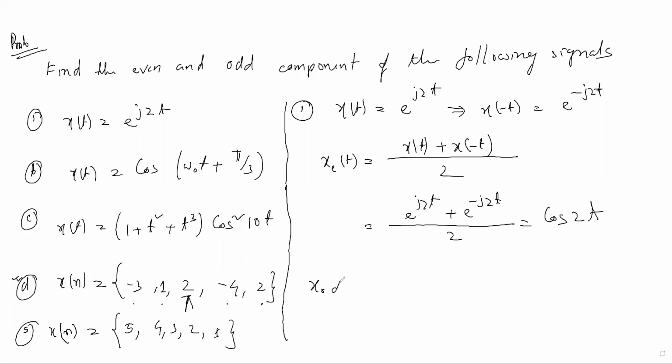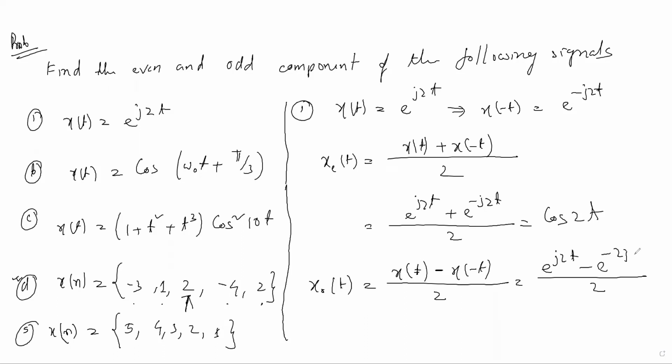Like that, how can you find the odd part? It is x of t minus x of minus t by 2, which is e to the power j twice t minus e to the power minus j twice t by 2.